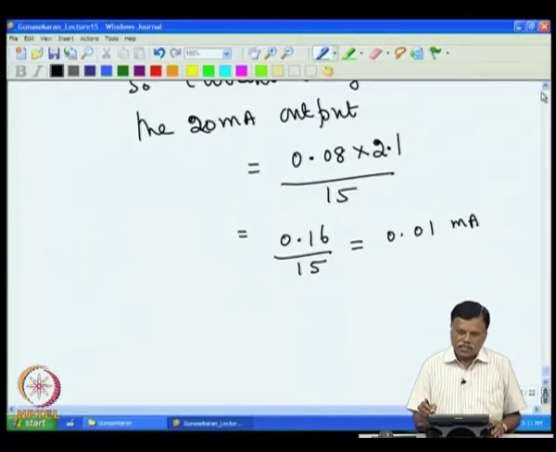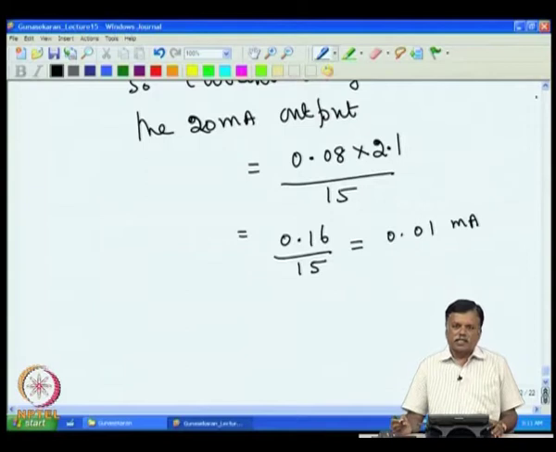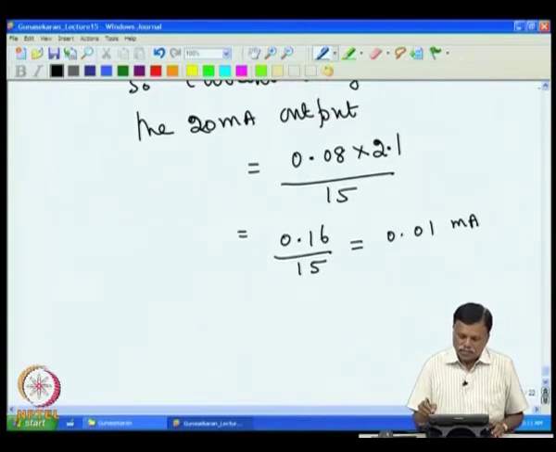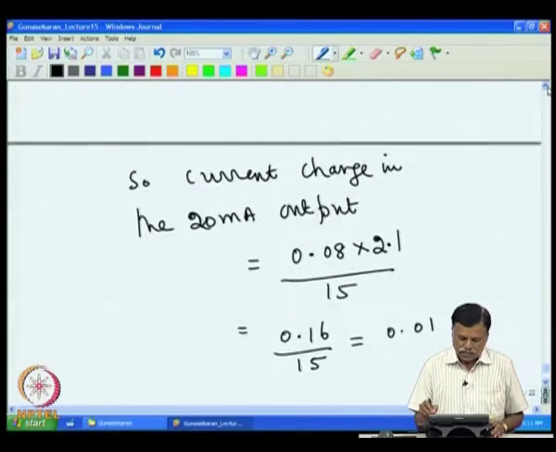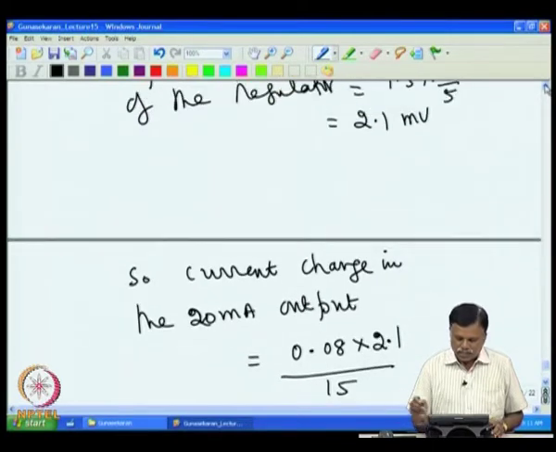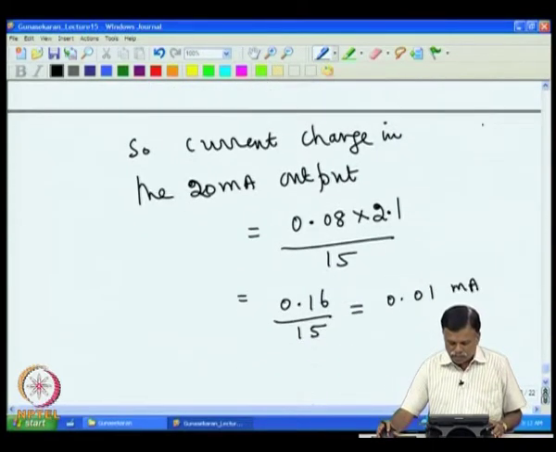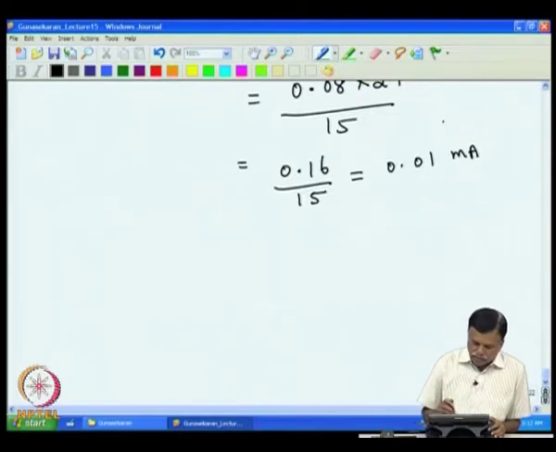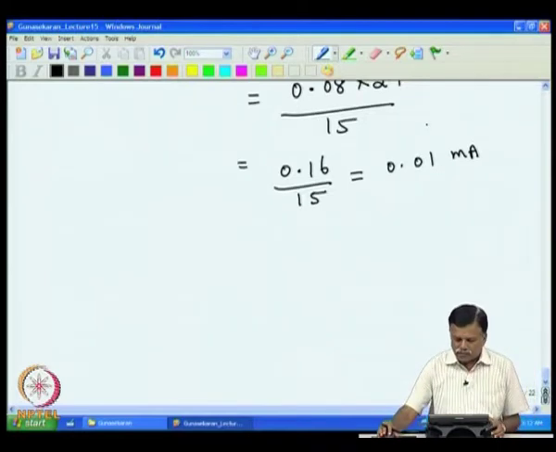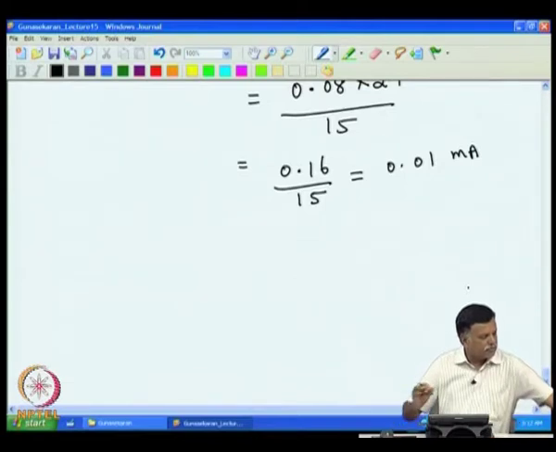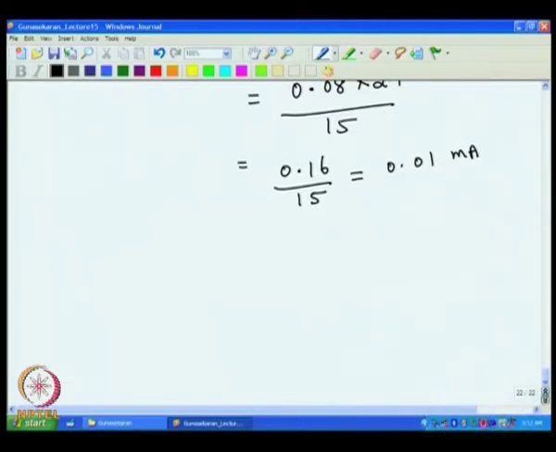We have not calculated the error that is expected to come due to the various changes expected in the regulator part, because if you redraw the circuit, now the regulator part alone, the current converter part, so we now next calculate error in the current converter stage.